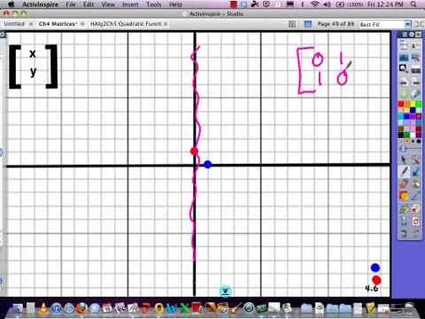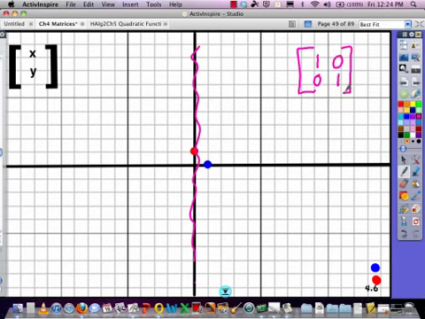Let's rewrite that for a second. The identity matrix is 1, 0, the ordered pair x, y for the blue dot, and then the point for the red, which is 0, 1.